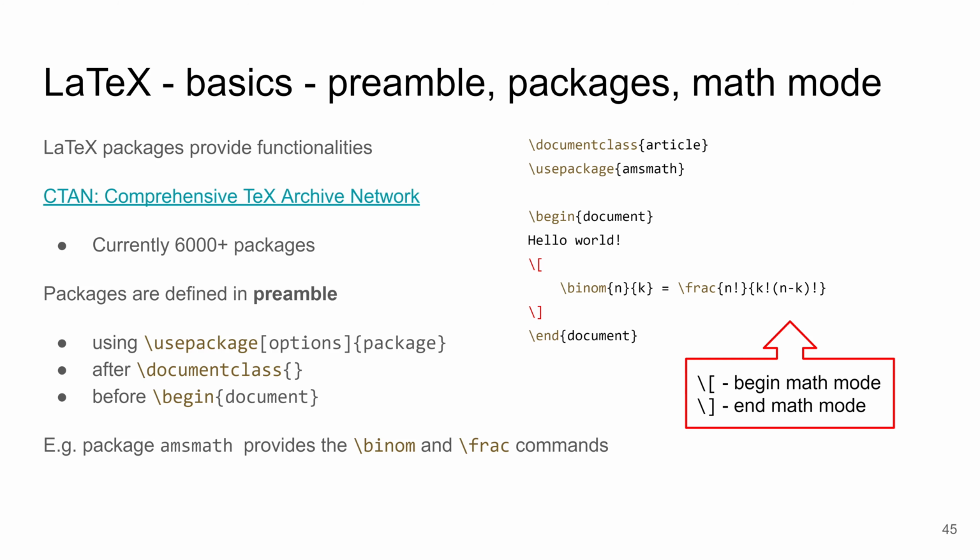So you switch on the math mode by backslash and square bracket, and then you switch it off, and you are back in text mode. So if you see in your LaTeX file this backslash bracket, it means the beginning of the math mode.